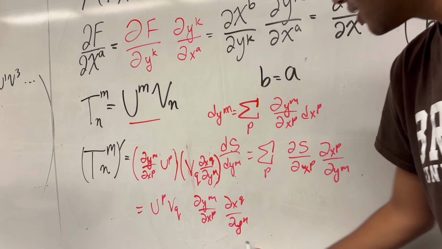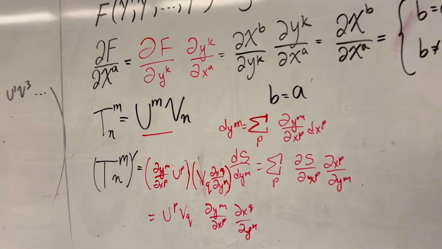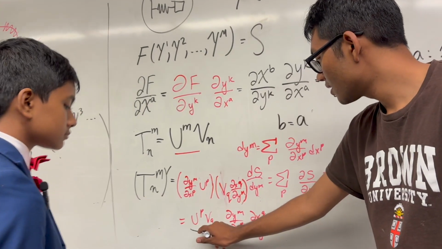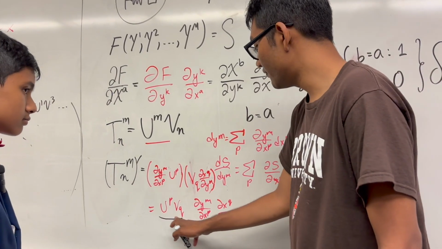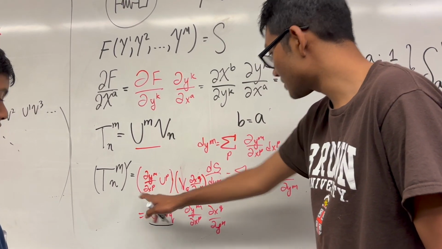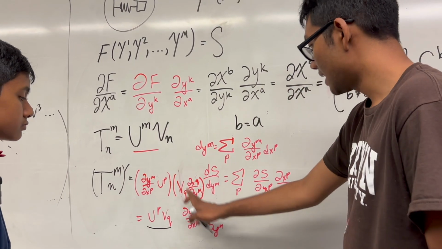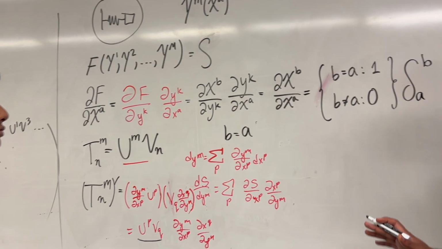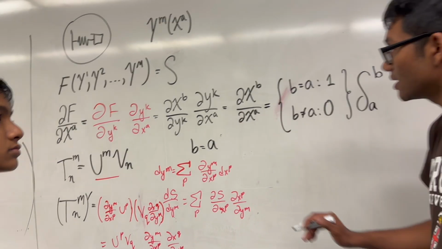So now let's take a look at what we have here. Right here we have the original tensors u p, v q. And then you have partial y m, partial x p, that looks good, and partial x q, partial y n. Now take a look at what we can do.